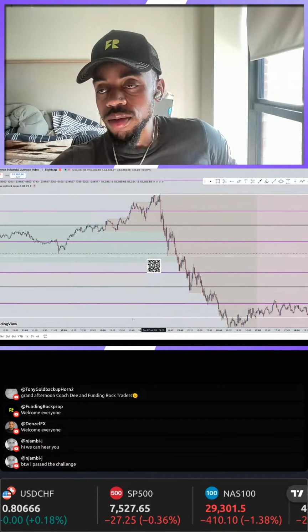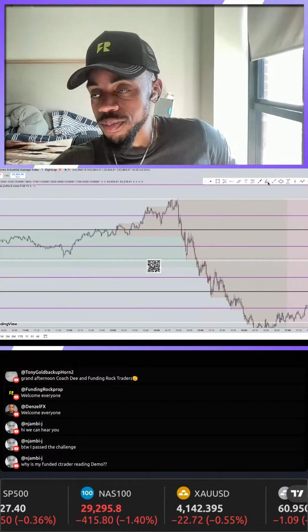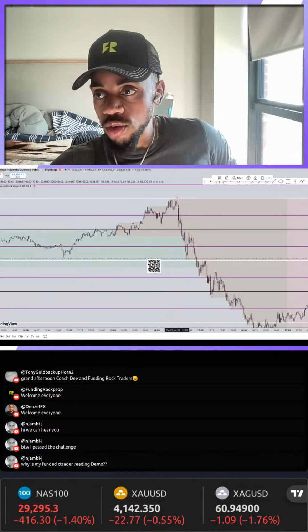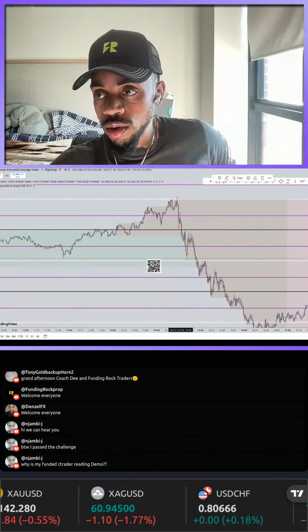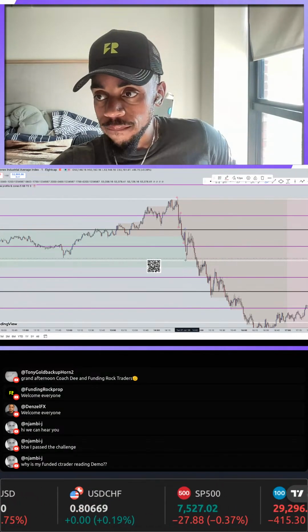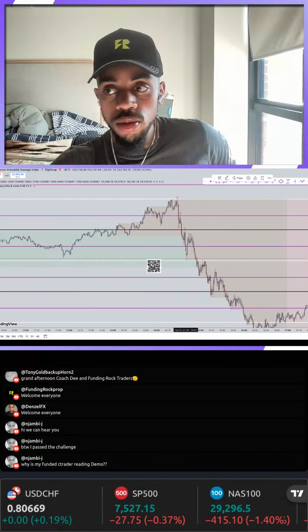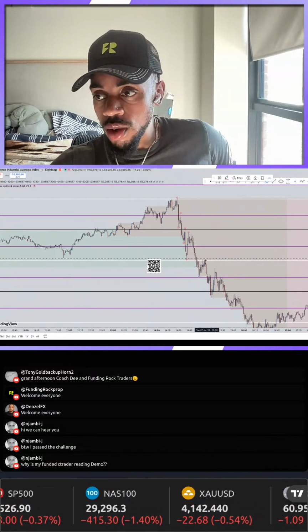The second the New York Stock Exchange opened, guys, immediately downtrend. Created a lower low. Retest. Lower low again. Lower high. Lower low. Lower high.